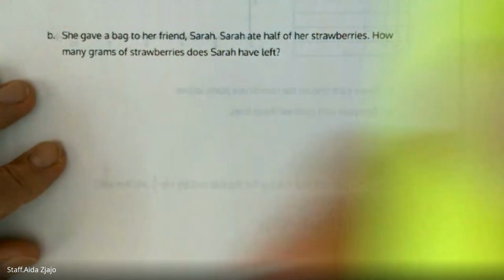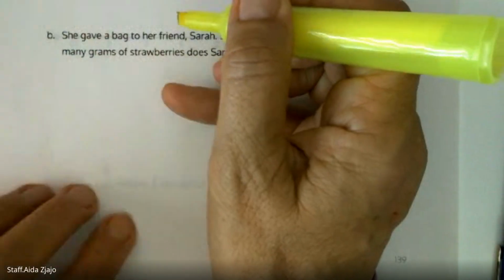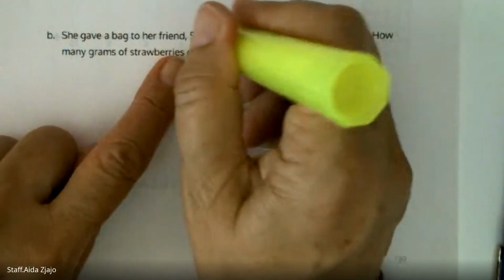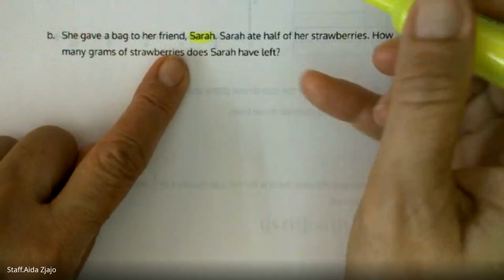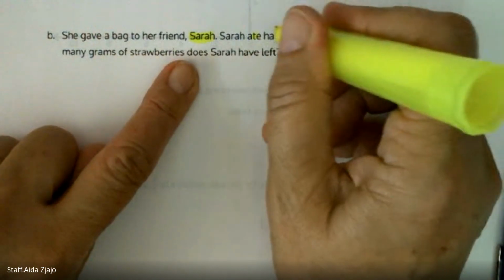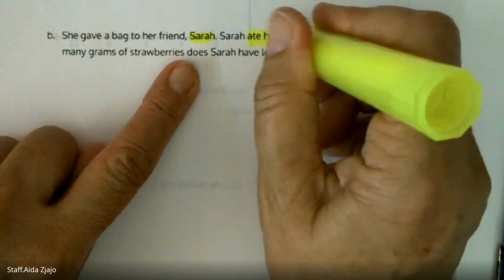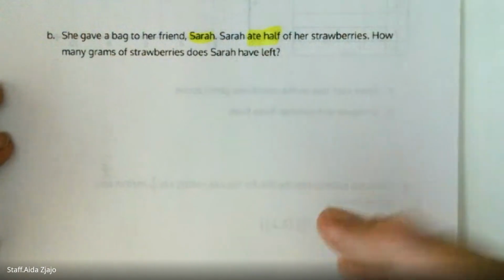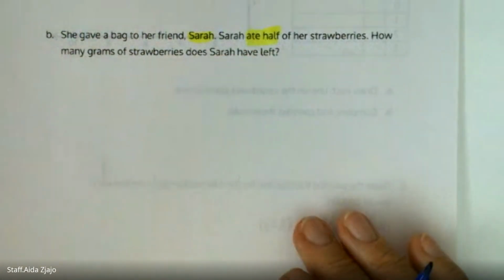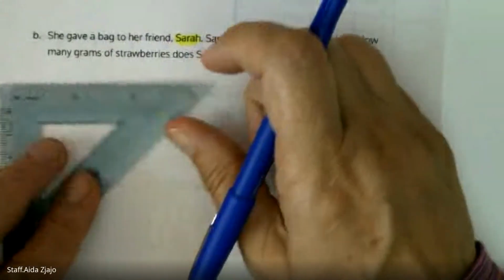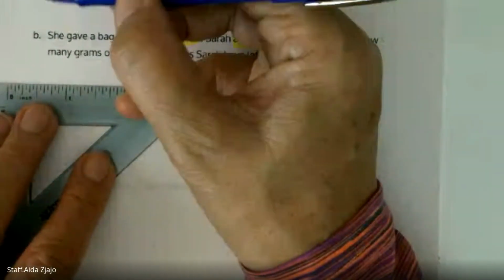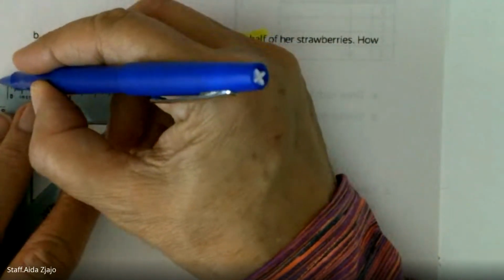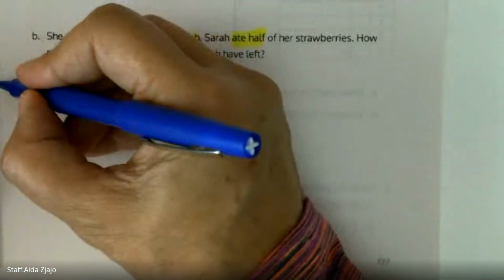So thinking that Michelle took one bag and gave it to Sarah, and Sarah ate half of it. When you think about the fractions, we can represent it like, if this is just that bag.